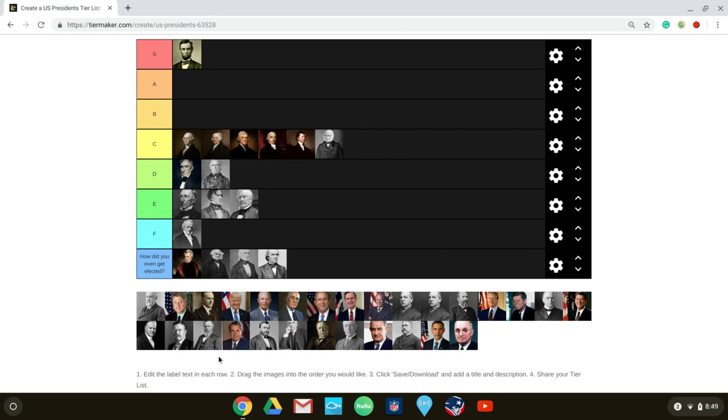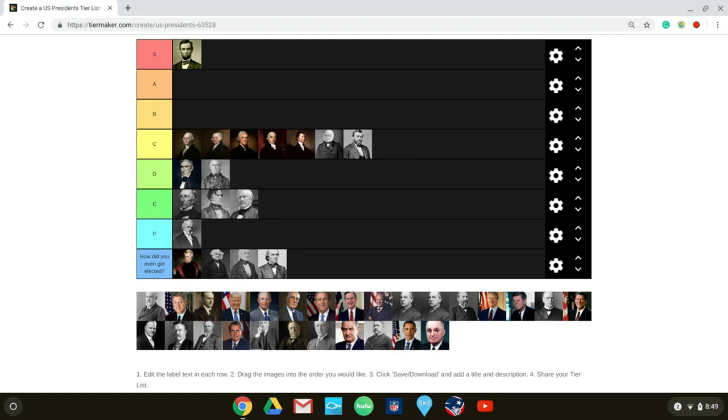Next, there would be Ulysses Simpson Grant, former U.S. Army general under Lincoln, who really helped to turn the tide of the war after Meade had won at Gettysburg. Grant took over, and I think I'm going to put him in C tier, and here's why.